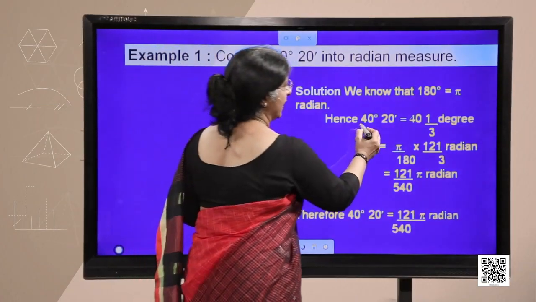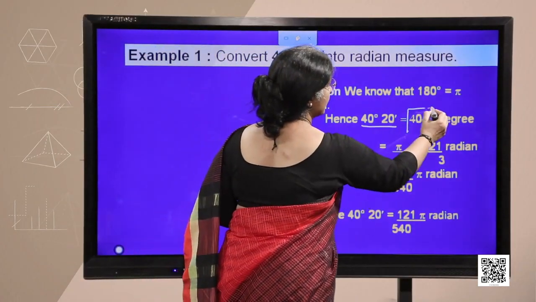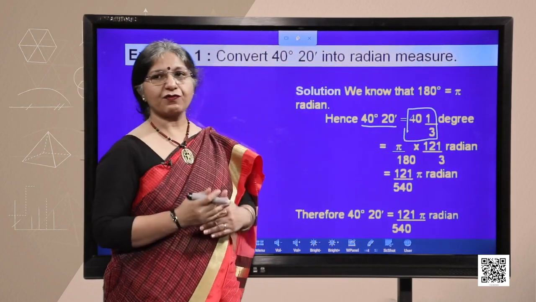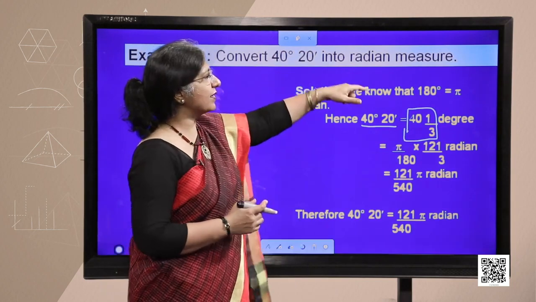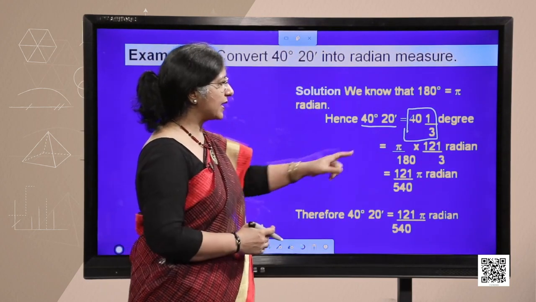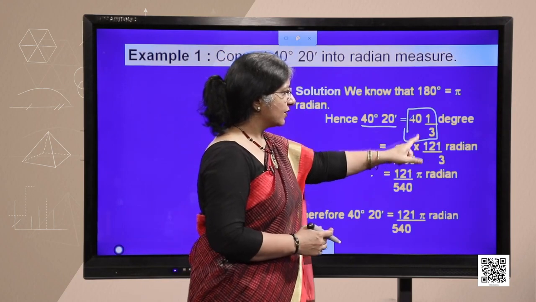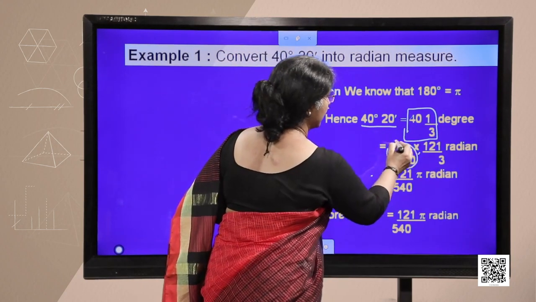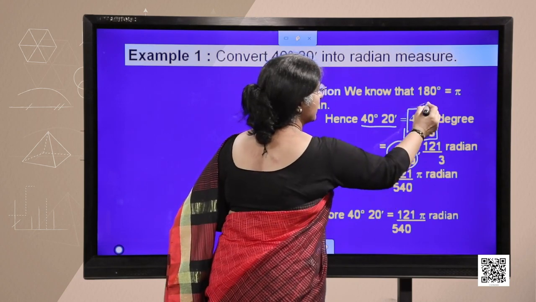As I told you, whenever we want to convert degrees to radians, we multiply the given degree measure by pi by 180.